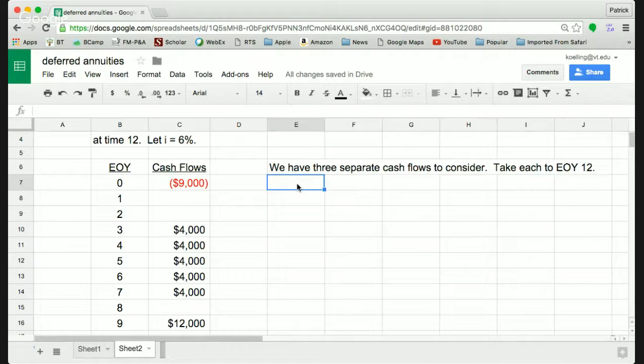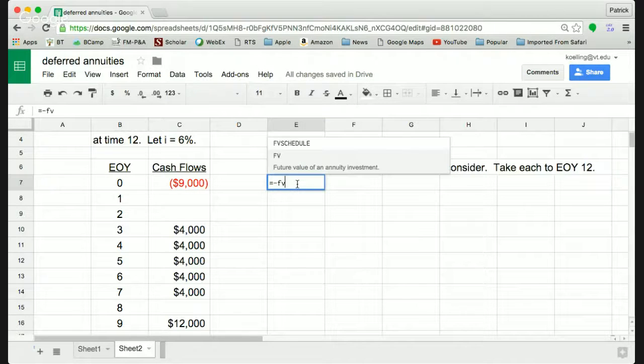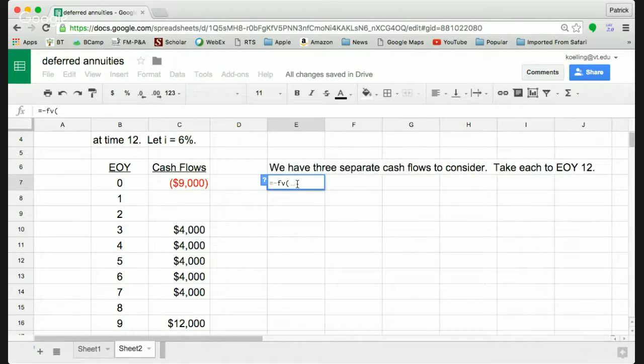I can move that directly to the end of year 12. I'm going to do that equal negative FV, future value, and the interest rate is 0.06, 6%. The number of years is 12. I'm taking it from time 0 to time 12.